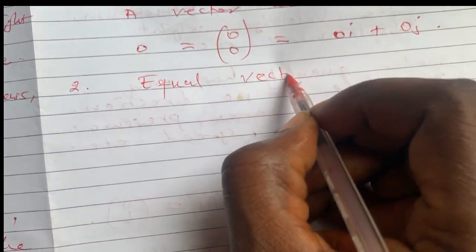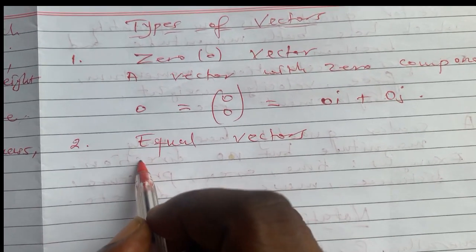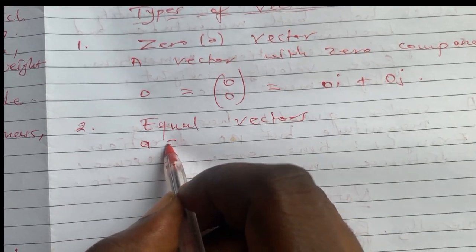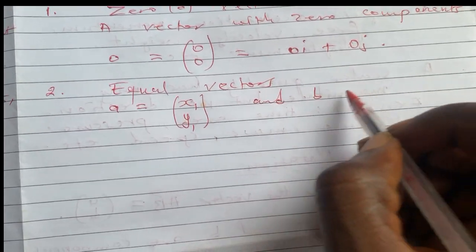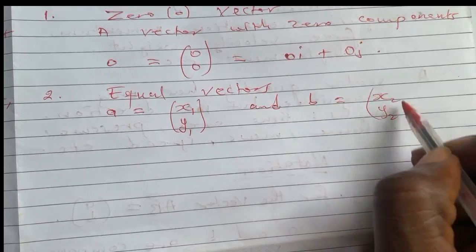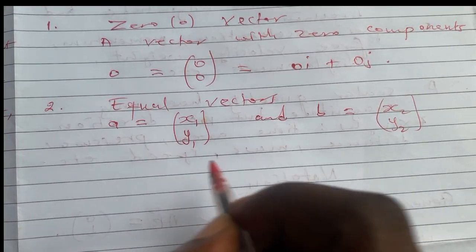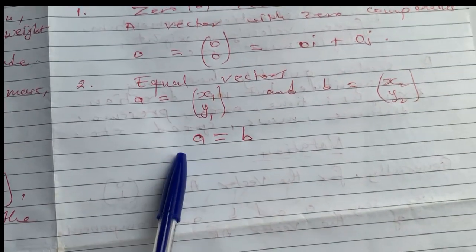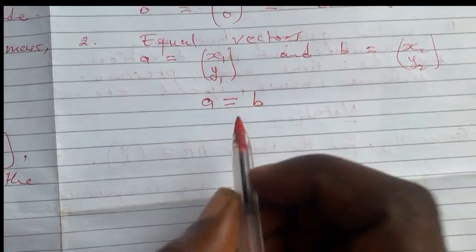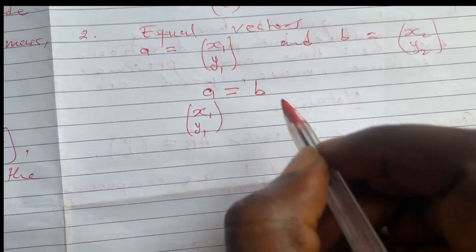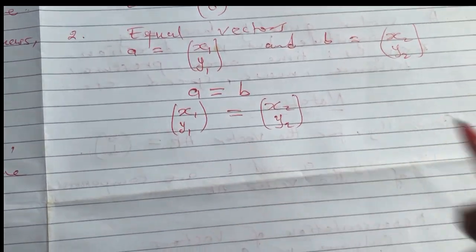For instance, if we have vector A equal to (x1, y1) and vector B equal to (x2, y2), and I say these two vectors are equal, then it means vector A is equal to vector B. If this is true, then the components of vector A, which is (x1, y1), will also be equal to the components of vector B, which is (x2, y2).